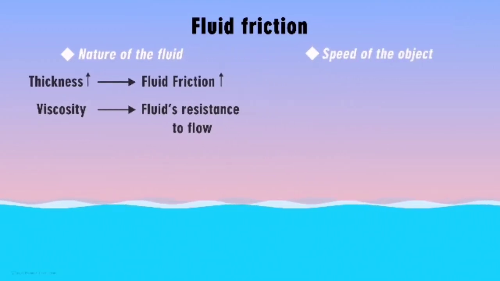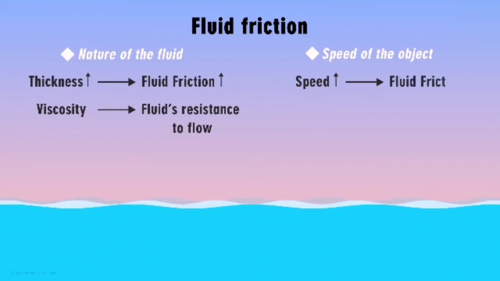The other factor is the speed with which the object is traveling. Higher the speed of the object moving through a fluid, greater will be the frictional force acting on it.